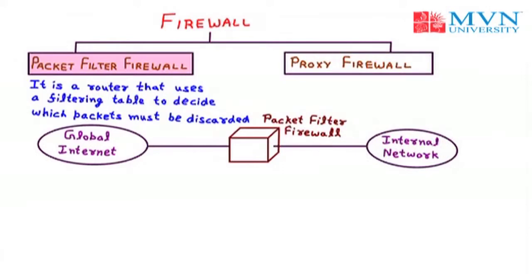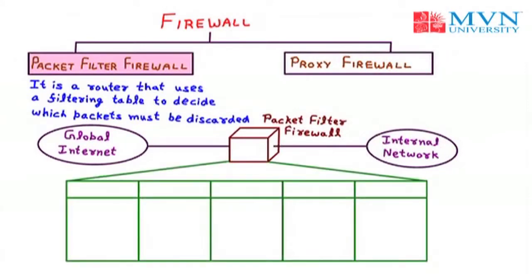Now the packet filter firewall will maintain a table which will contain interface, source IP, source port, destination IP, and destination port. So the fields of the table are: first the interface, then source IP, then source port, then destination IP, then destination port.